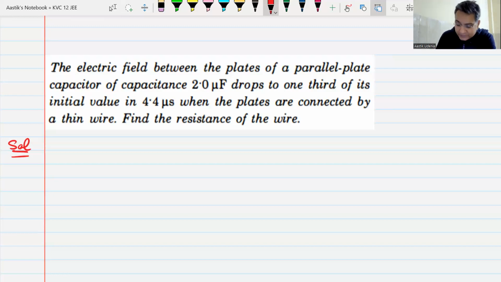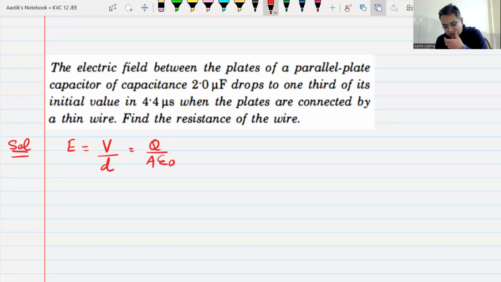Okay, so you can do it in many ways. To find out the electric field, you know the potential difference between the plates, yes or no? You can just divide it by D. That is one way of doing it. Or you can find it out by Q by A epsilon naught. So these are the two formulas that you can use.